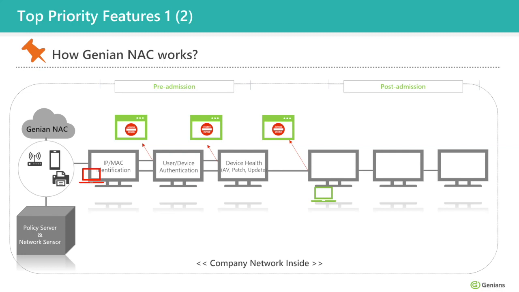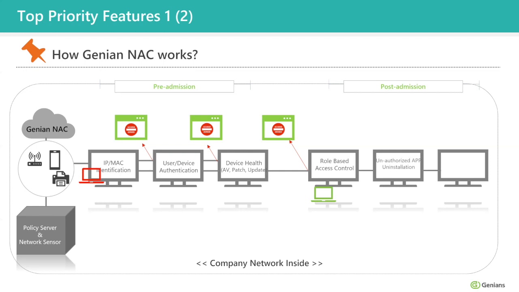After allowing the network, Genian NAC starts the post-admission. I mean that Genian NAC continuously monitors the devices. Genian NAC grants the device's role, we can call it role-based access control, which means that the device can only access the resources it is meant to.